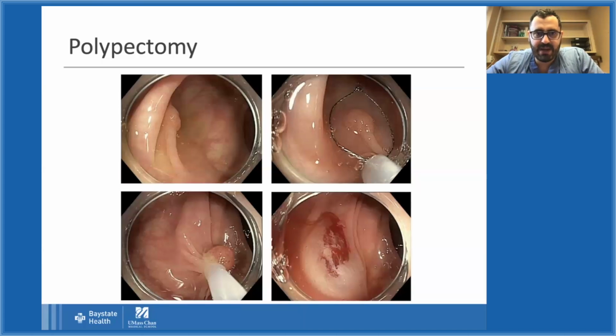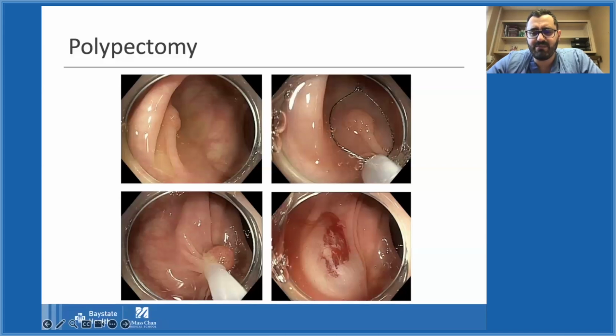Those pictures are from a procedure I did this morning. You can see a very nice hiding polyp over here. I put the snare, and as I told you before, sometimes polyps can be hiding behind folds, just like this one. But I got lucky, I was able to see it. You put the snare around the polyp, ask your assistant to close the snare, and the polyp will come off.